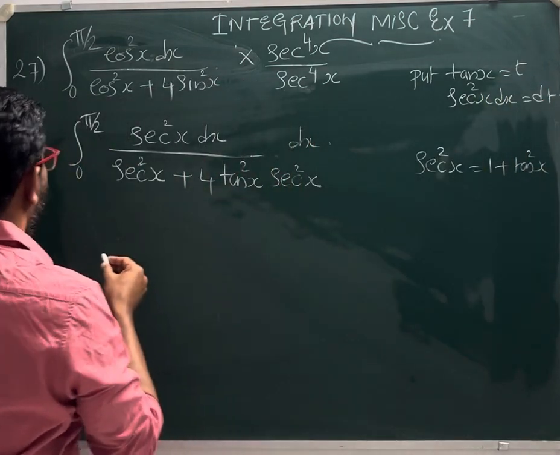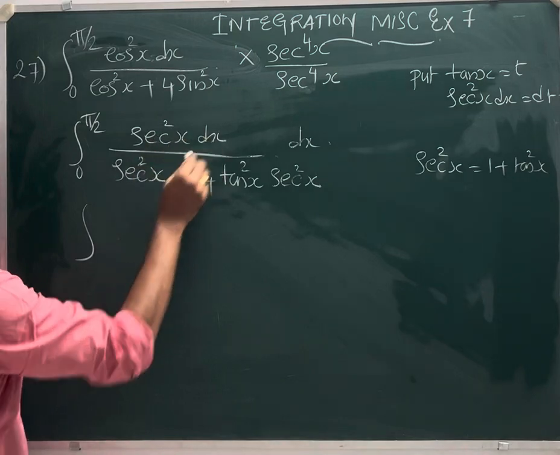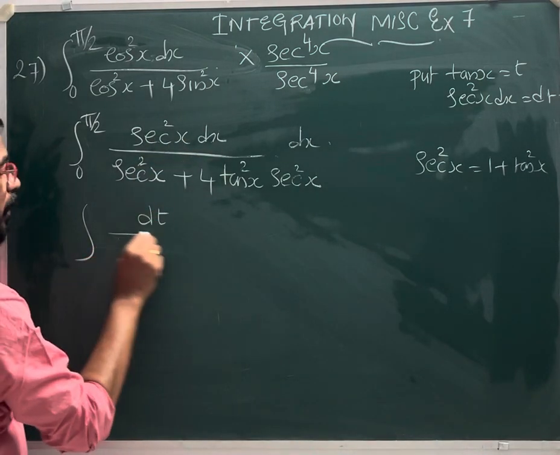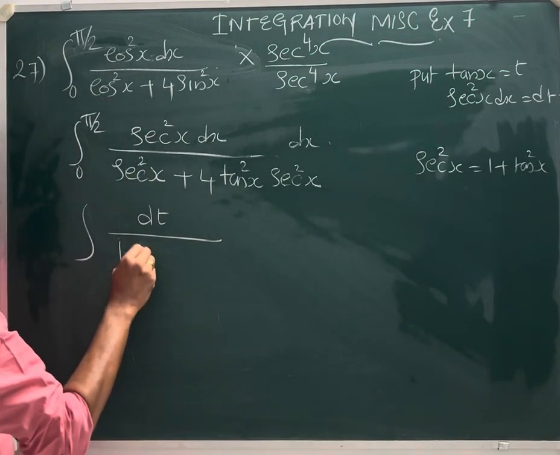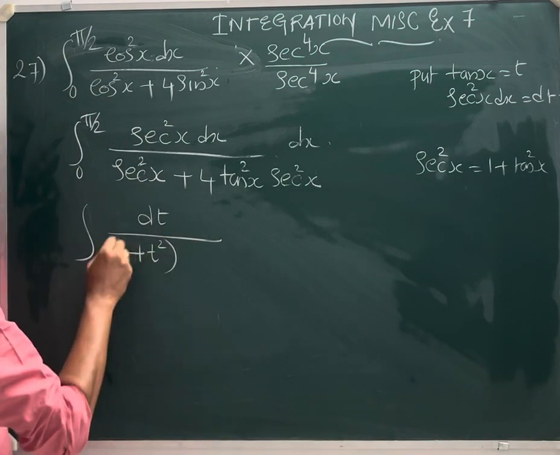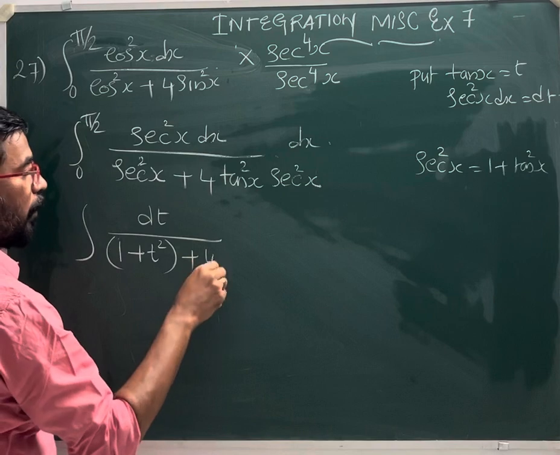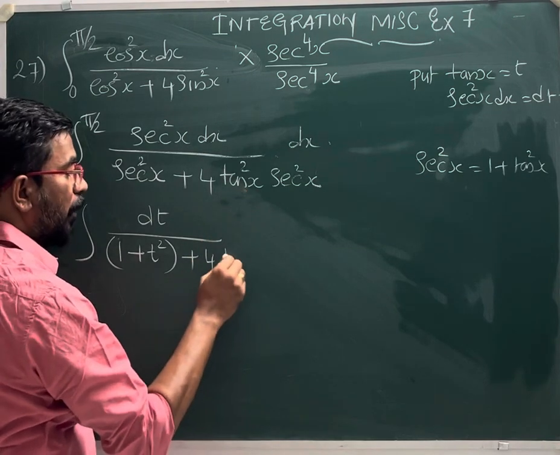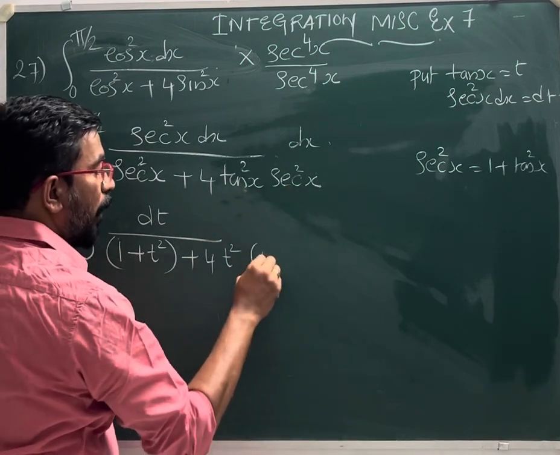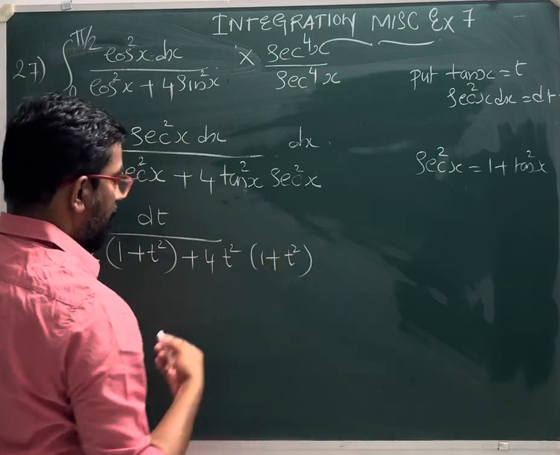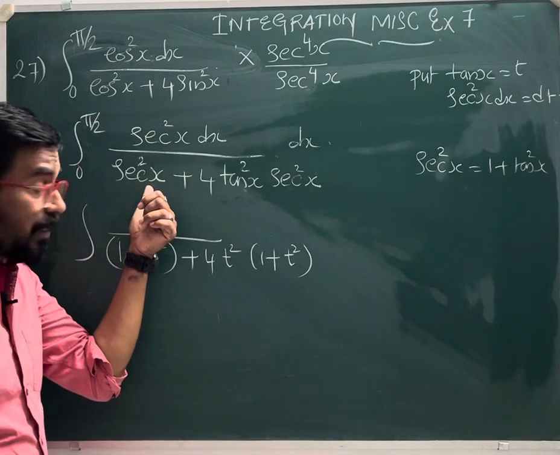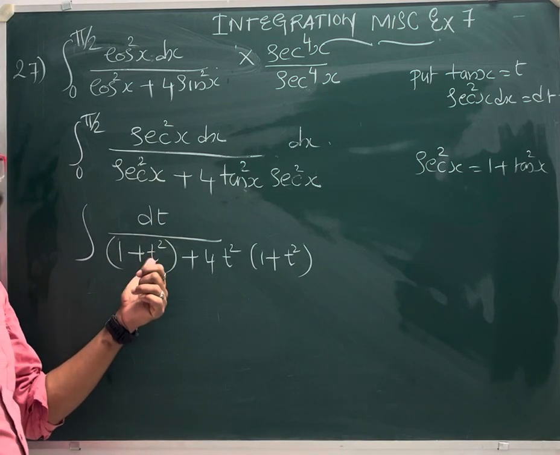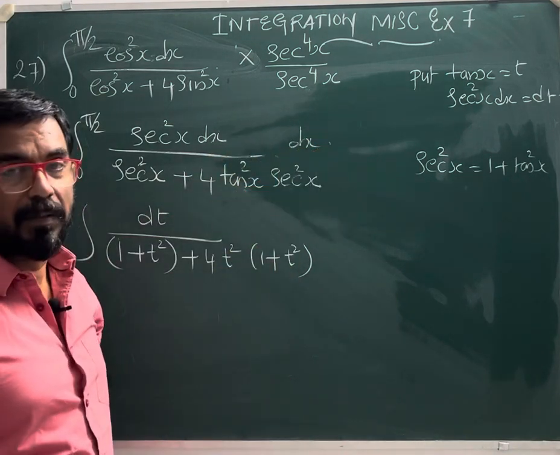So I will write this integral as dt divided by, this sec square will become 1 plus tan square, that means 1 plus t square, plus 4 tan square, which is t square. Children, see, sec square I convert as 1 plus tan square. I didn't write that step, but I can take it as 1 plus t square because tan is going to be t.